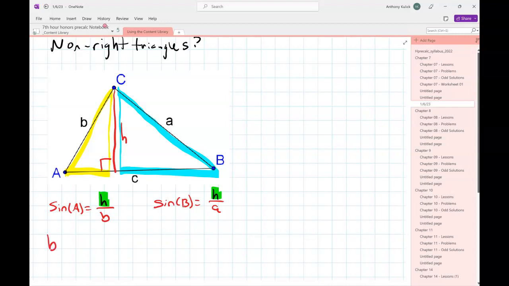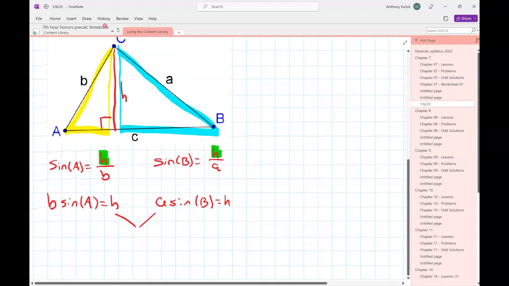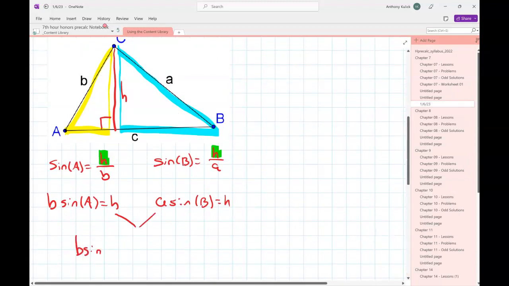So the equation here on the left, I'll multiply both sides by b to get the h by itself. And the one on the right, I'll multiply both sides by a to get the h by itself. And since both of these equations are equal to h, I can set them equal to each other.